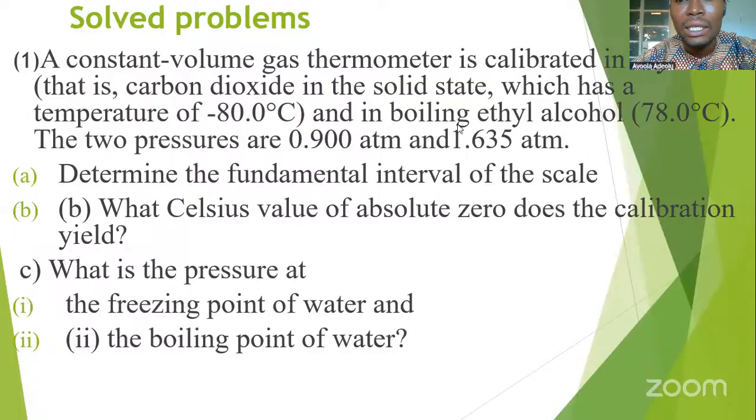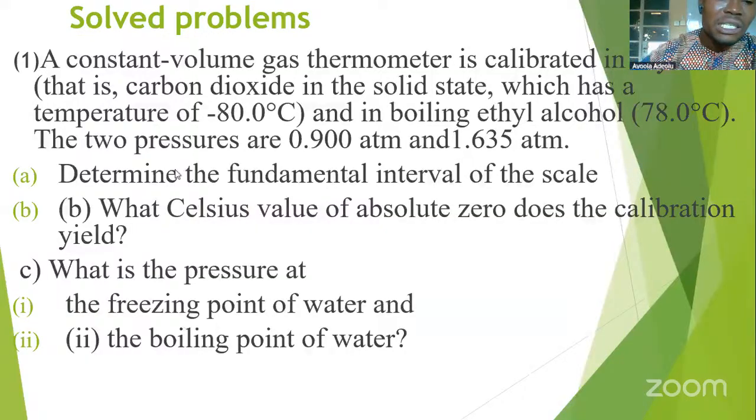And in boiling ethyl alcohol, that's 78.0. So this will be the upper point of that thermometer. The two pressures are 0.900 atm and 1.65 atm. I told you, you can convert this to Pascal or Newton per meter squared, or leave it like that. You still get the same result.